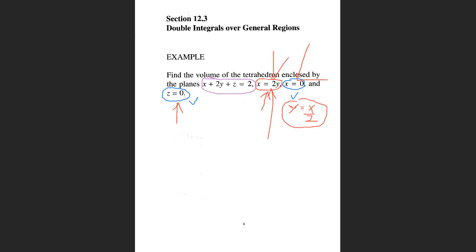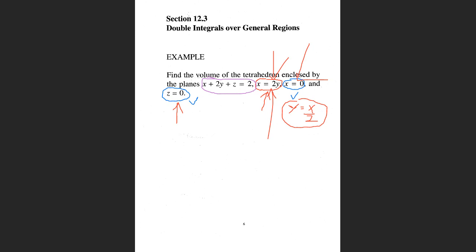So a solid needs to be bounded for a finite solid with volume. The volume needs to be somehow bounded on its sides, bounded below, and also bounded above.